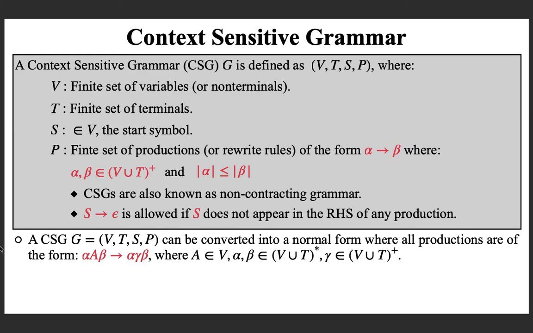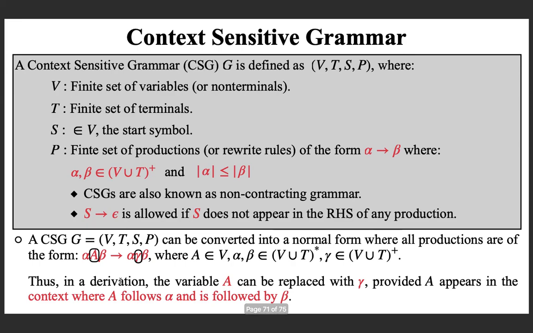Now, an arbitrary context sensitive grammar can be converted into a normal form where all the productions are of this kind. What is it? All the productions are of the kind alpha A beta going to alpha gamma beta. So actually what you can replace is capital A with gamma. In a derivation, the variable capital A can be replaced with gamma, provided A appears in the context where A follows alpha and A is followed by beta.